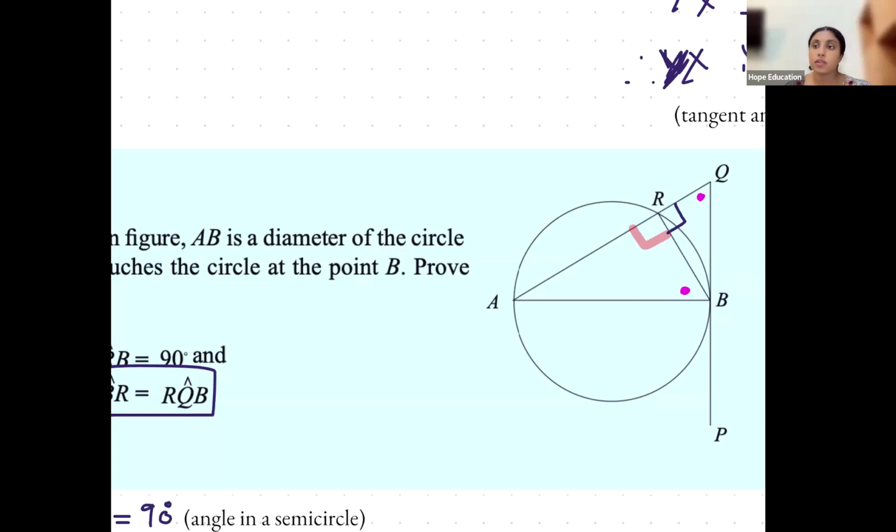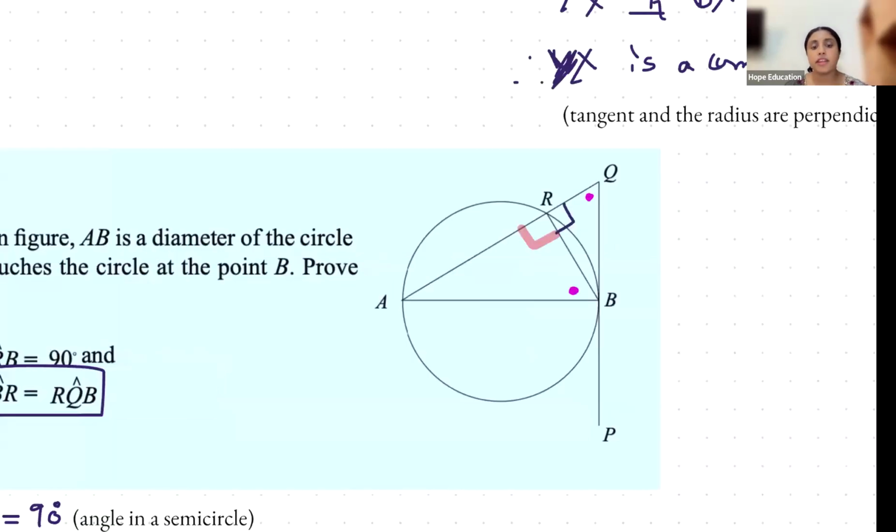How do you show that these are equal? What is B plus C is 90? What is C? You mean this and this are 90? Yes. You are on the right track. Yes. What about others?